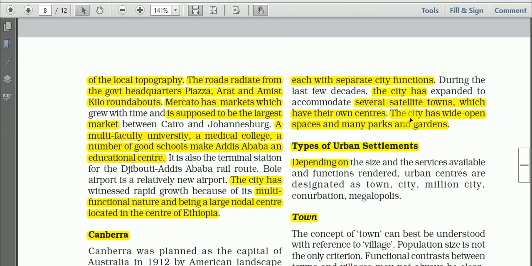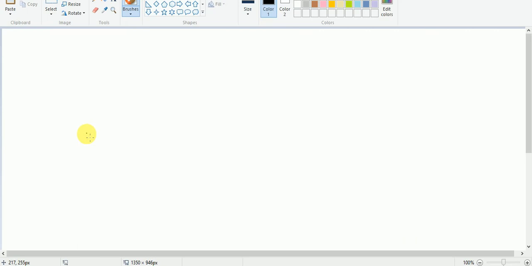And see, the city, Canberra has several satellite towns which have their own centers. So what do you mean by these satellite towns? Actually, a satellite town is a smaller municipality that is adjacent to a major city.